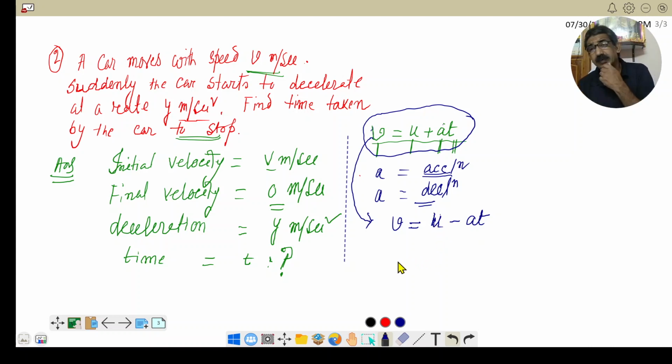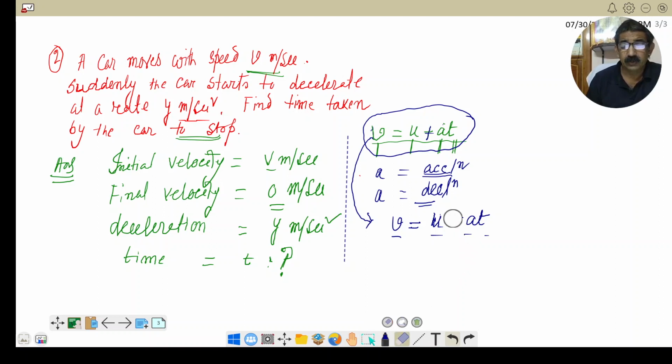As this case is a case of deceleration, we must use this formula, but the meanings of the notations used, that means V, U, A, T, will remain unchanged. Same meaning it will be here, but the form of the formula will be changed from positive to negative. Okay. So this is the formula.